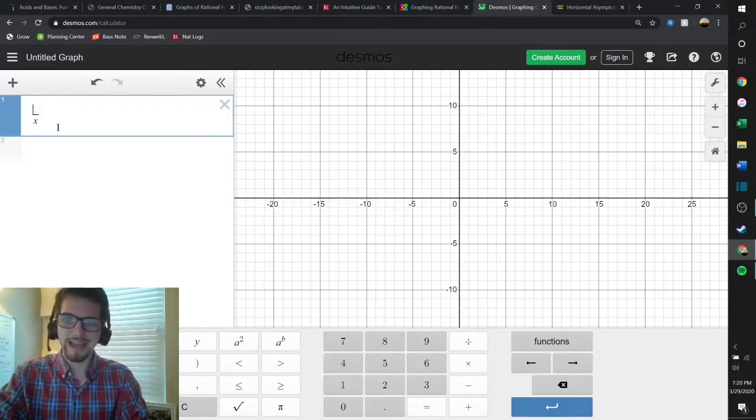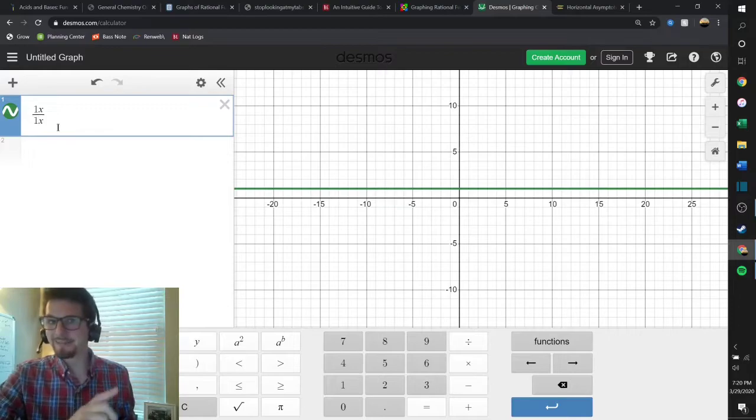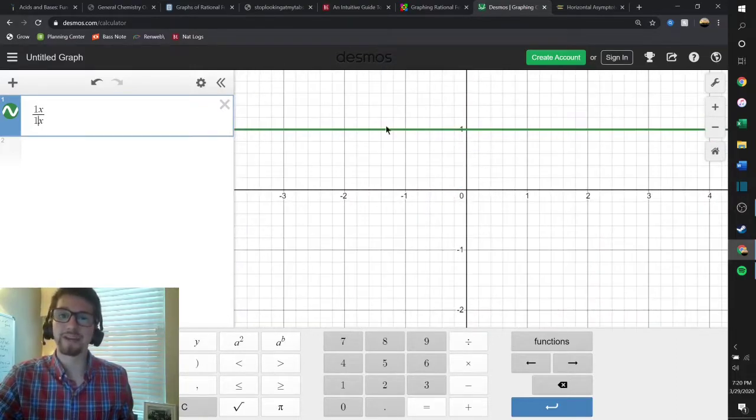Okay, so let's say we had x over x. The coefficient for both of these is 1. So 1 divided by 1, the answer to that problem tells you what your horizontal asymptote will be. And look at this. It's at 1.